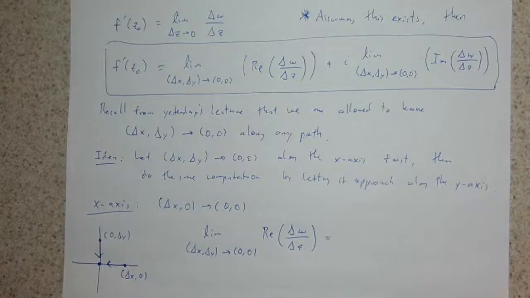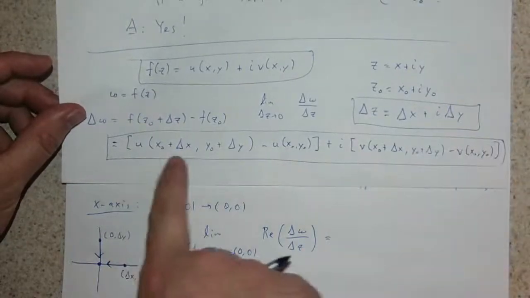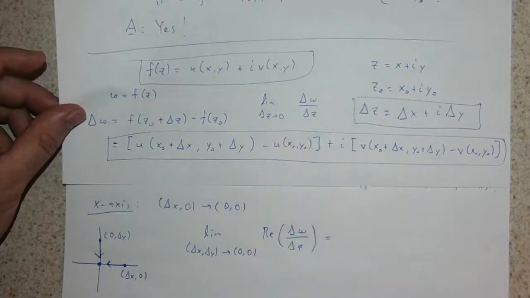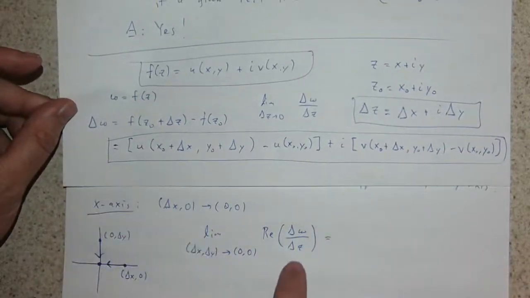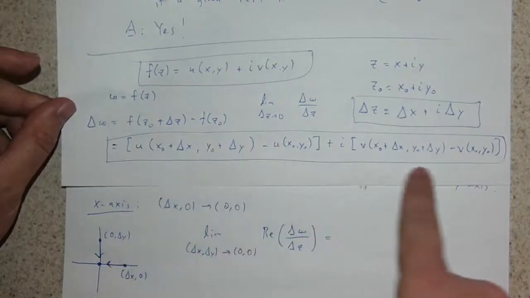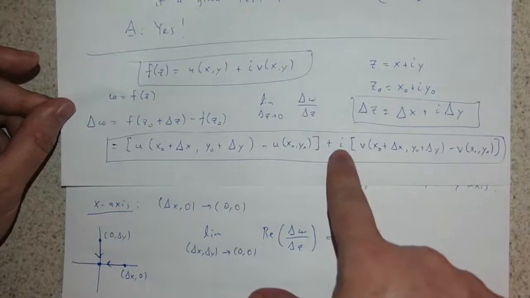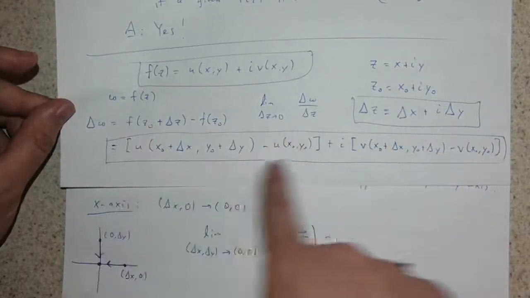So remember, here are our u and v components. But I'm looking at the real part of delta w over delta z. And so this part is not in my consideration because this is the imaginary part over here. So the real part just concerns this.